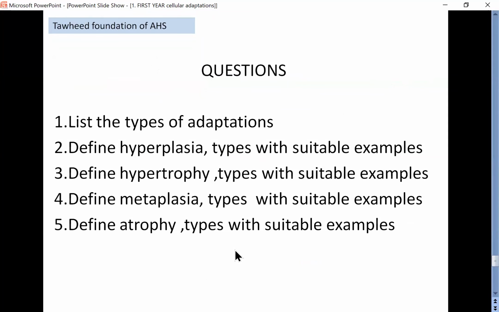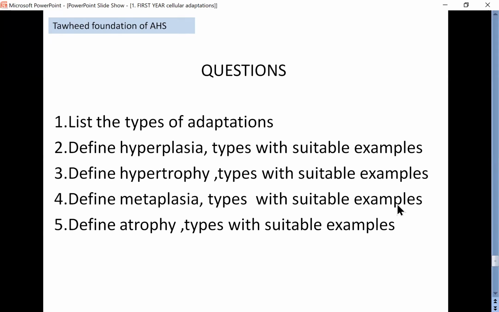And I have listed a few questions also from this unit. The cellular adaptations. What are the cell adaptations? Define hyperplasia, its types with suitable examples. So you have to write in all these four questions. Whenever a question asks for the types with suitable examples, you have to mention both physiological and pathological.